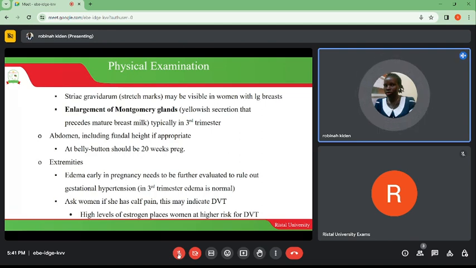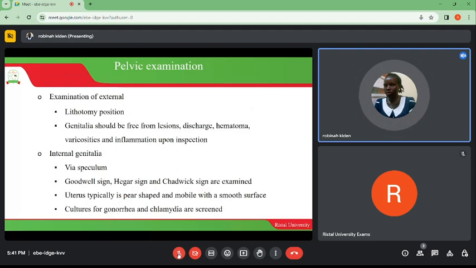Then we go for pelvic examination. Examination of the pelvis externally. Here it requires the mother to be in lithotomy position. The genitalia should be free from lesions, discharge, hematoma, varicosities, and inflammation upon inspection.